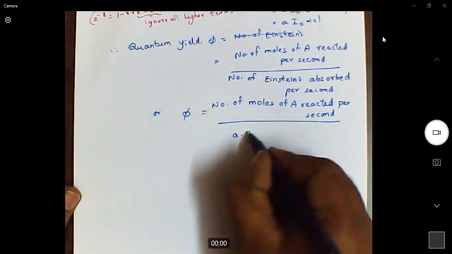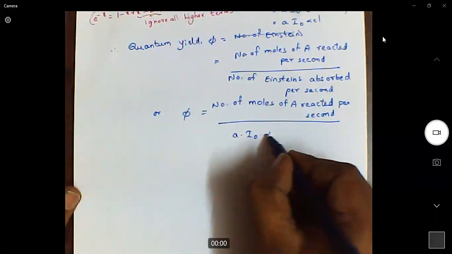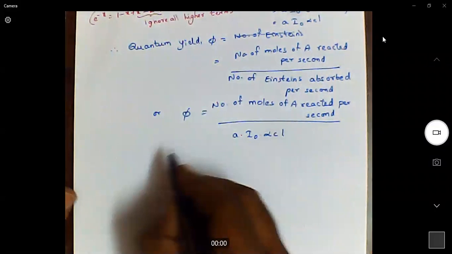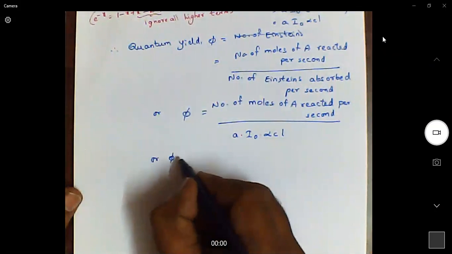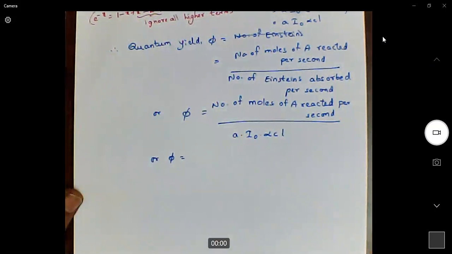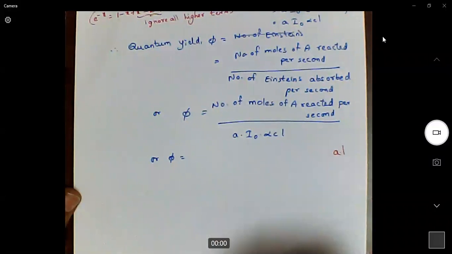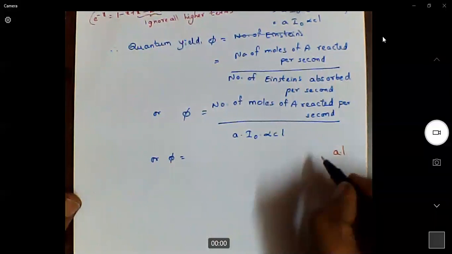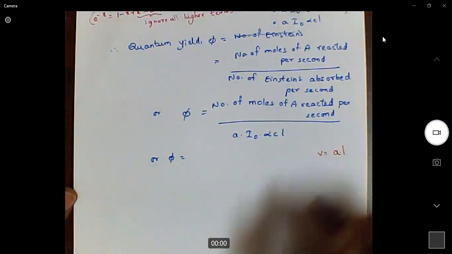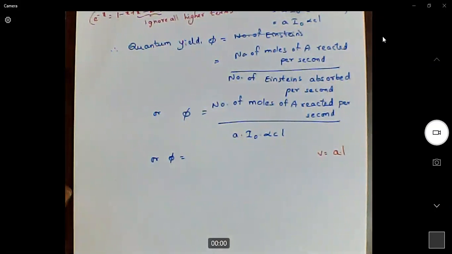A into I naught into alpha CL, or phi is equal to, here A is an area and L is a length. So area into length, it is volume.